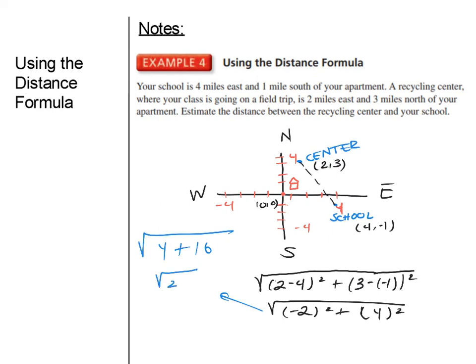Square root of 20, which is approximately, since it wants me to estimate, I'm going to use approximate, 4.5 miles rounded to the nearest tenth. All right, we're done. Questions on example 4 and how to use the distance formula? No? Okay.